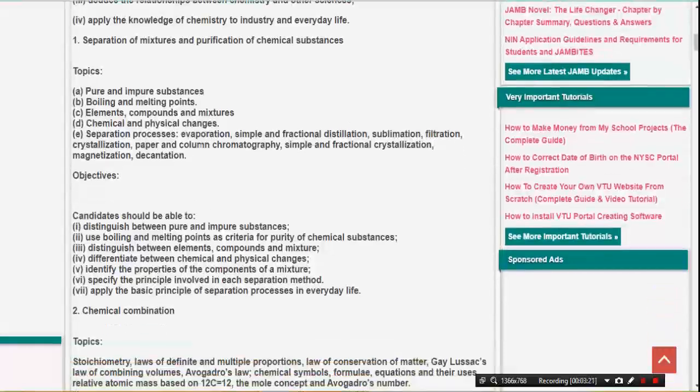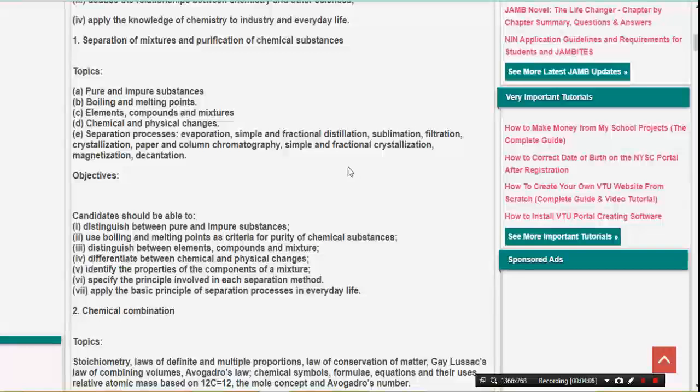The topics there are pure and impure substances, boiling and melting point, element, compound and mixtures, chemical and physical change, separation processes, evaporation, simple and fractional distillation, sublimation, filtration, crystallization, paper and column chromatography, simple and fractional crystallization, magnetization, decantation. These are the topics to consider in that section.